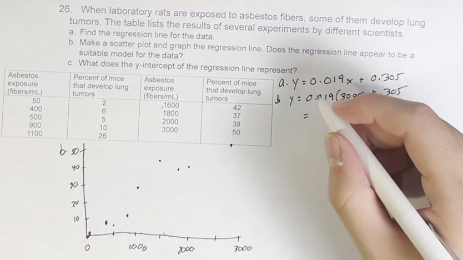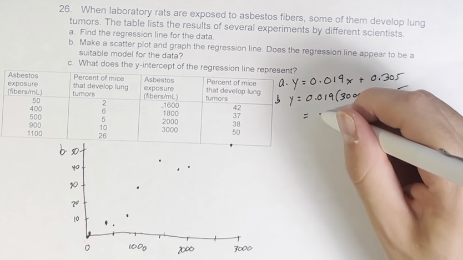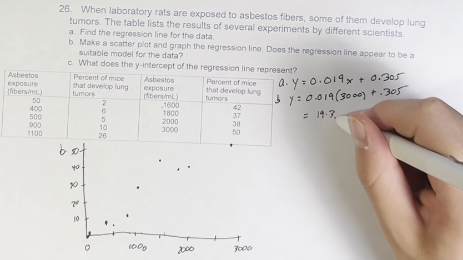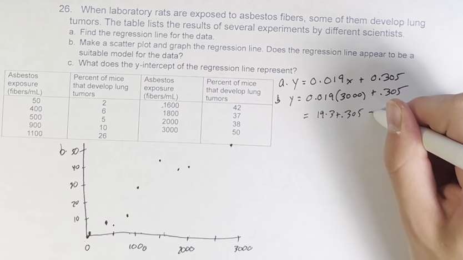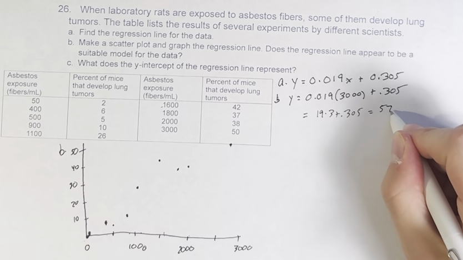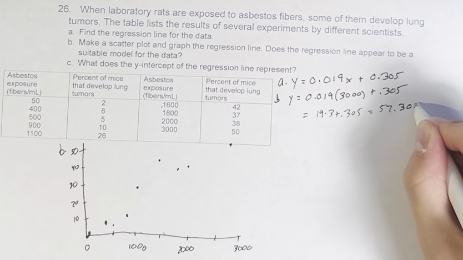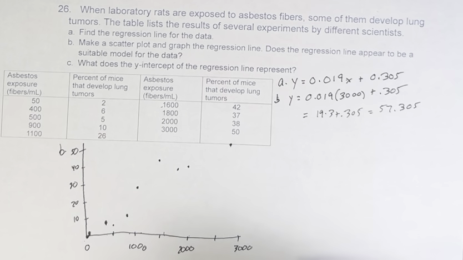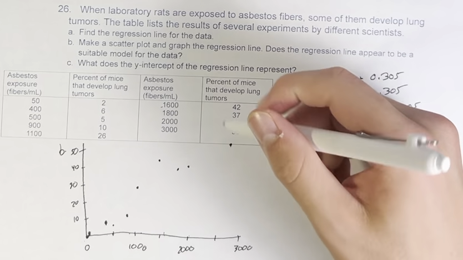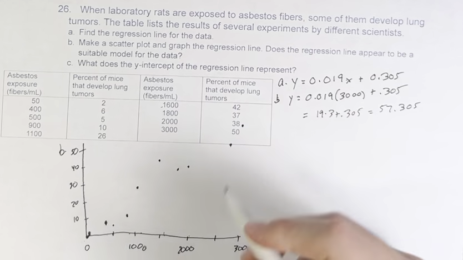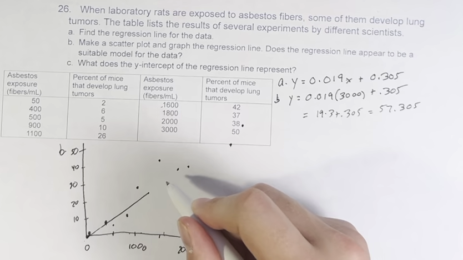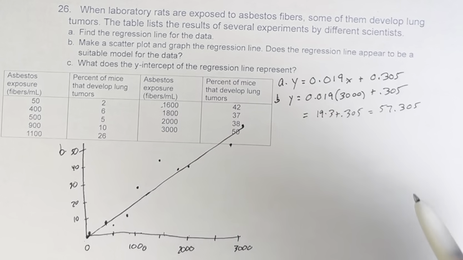And you will get that this is equal to 19 times 3 plus 0.305 equals 57.305. So it's going to overshoot this a little bit, going off the graph, but this is the general regression line.